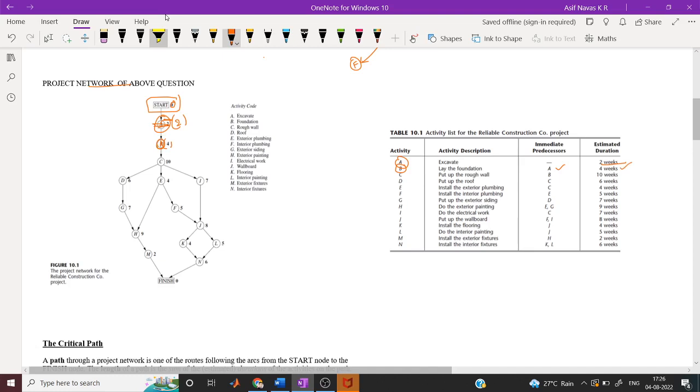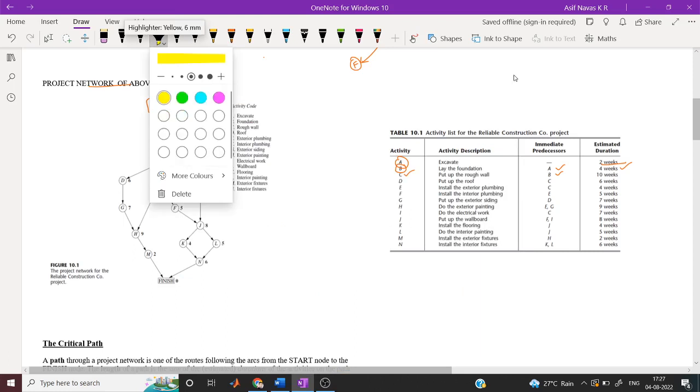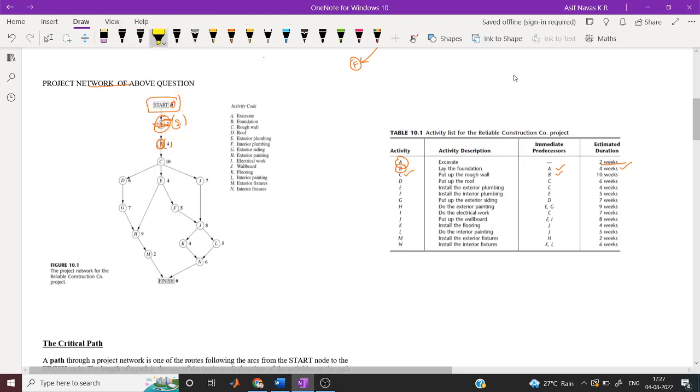Now after that, you have to check C. C has immediate predecessor B, and we will write this value.